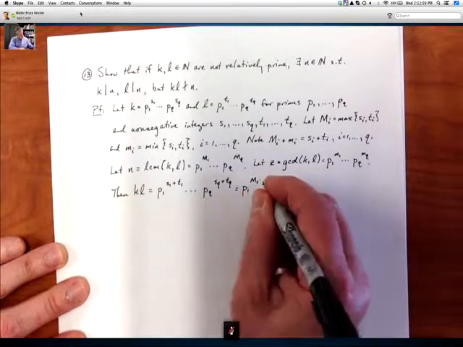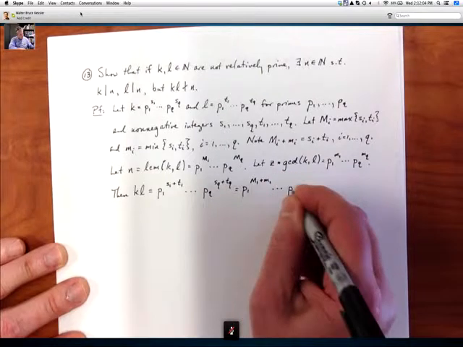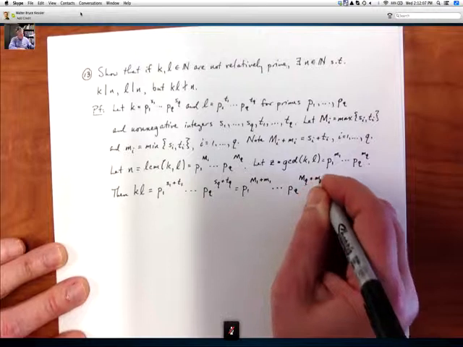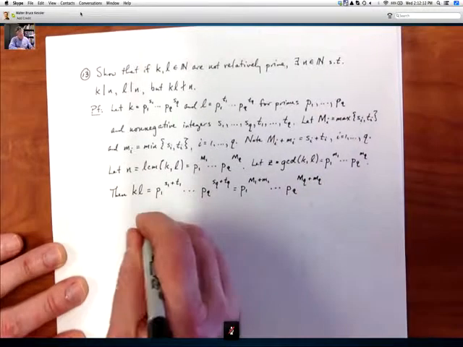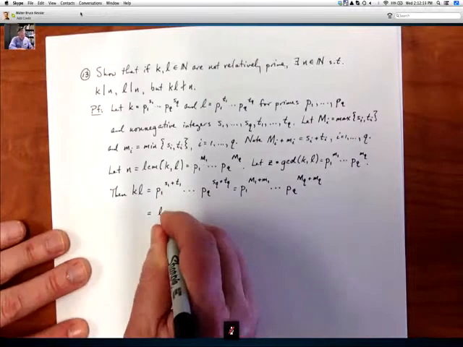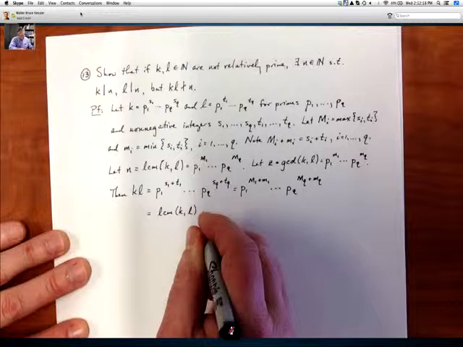So this is p sub 1, capital M sub 1 plus little m sub 1, dot dot dot, out here to p sub q, capital M sub q plus little m sub q. Okay? Which means that this is actually the LCM of k and l times the greatest common divisor of k and l.